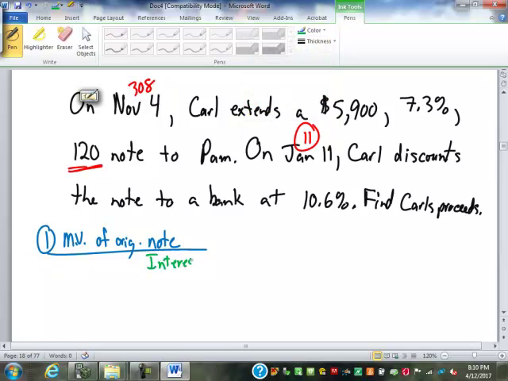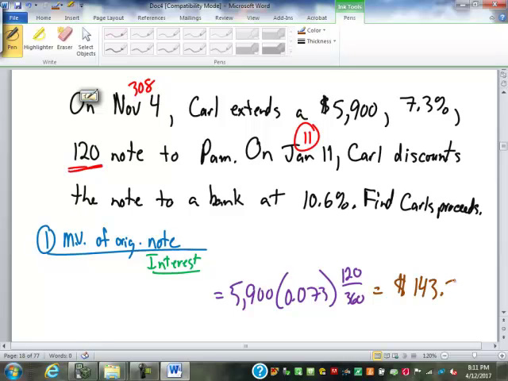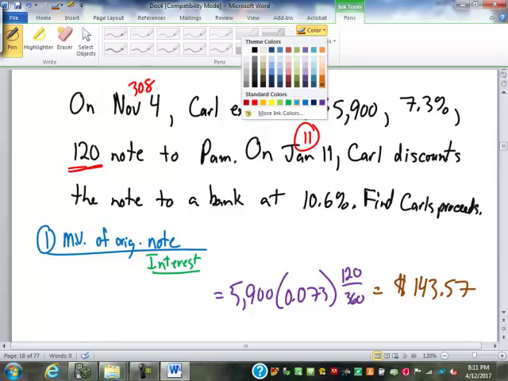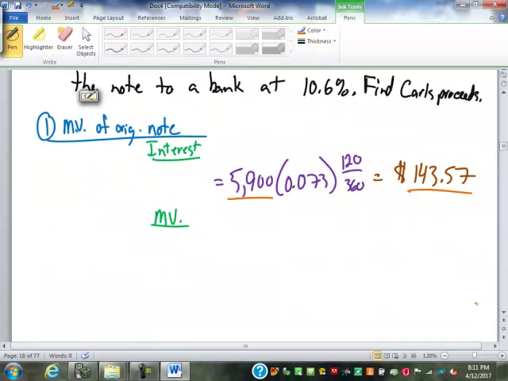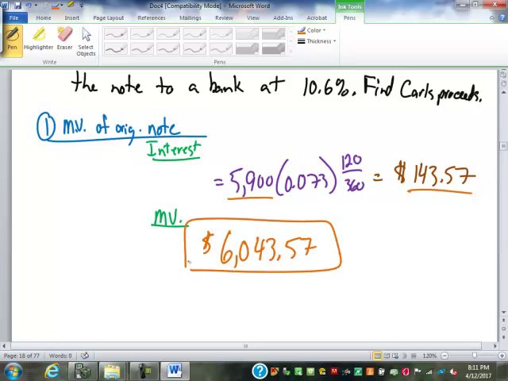So let's find that original interest, which is going to be 5,900 times 0.073 times 120 over 360. Gives us how much? $143.57 is the interest. So for the maturity value, just for the sake of time, we're going to add those two together. $6,043.57 is the maturity value. Questions so far?